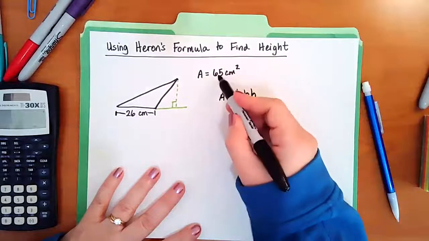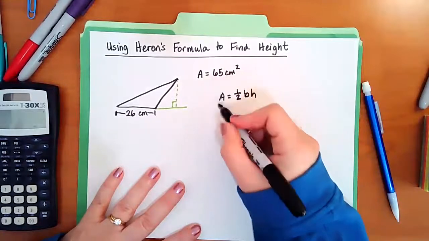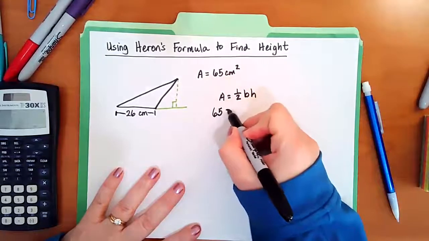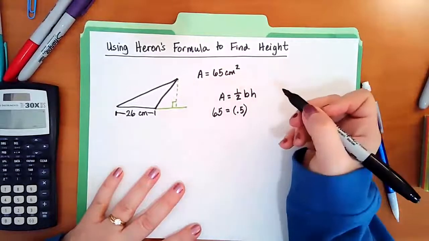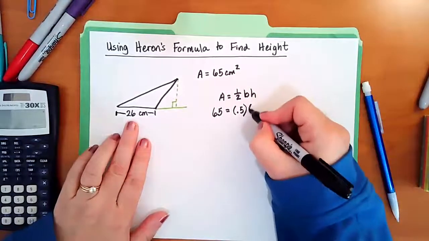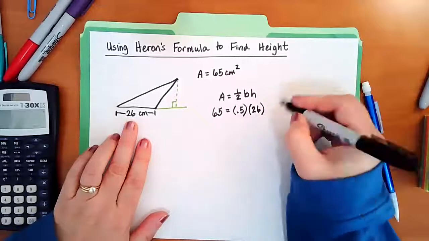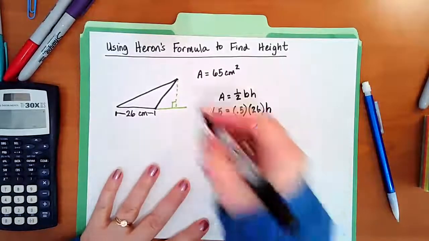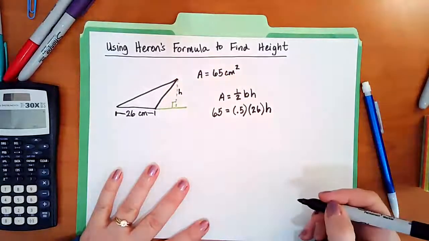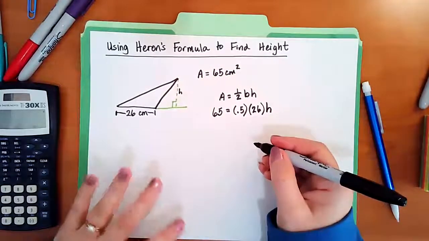We know that 65 is our area. And we know that 1/2 can be rewritten as 0.5. And we know that our base is 26. And our h, or our height, is what we are looking for. That's our height right there. So let's solve this equation.